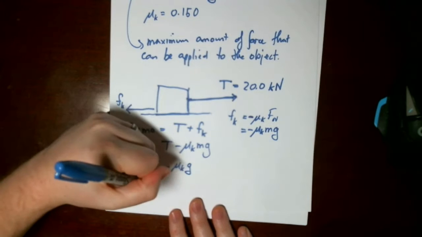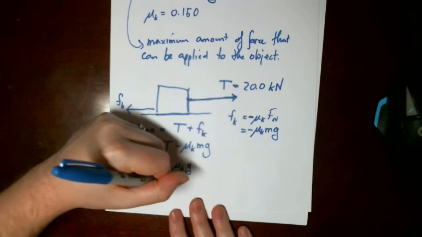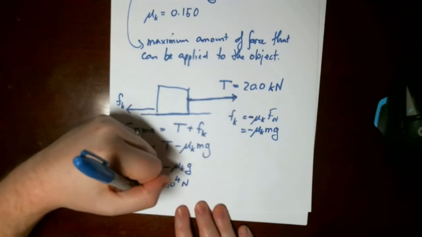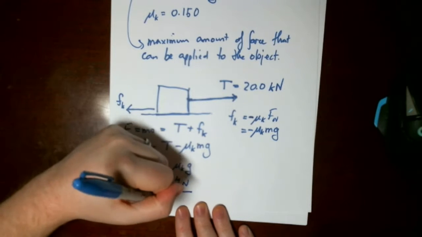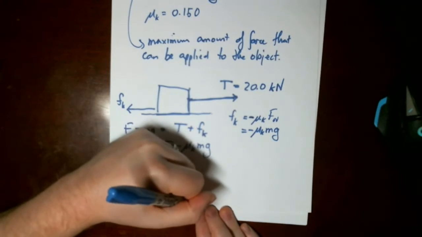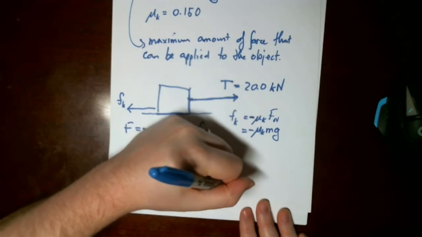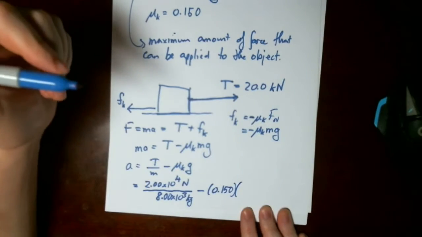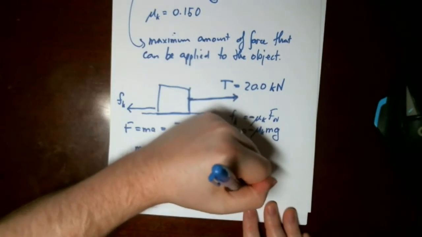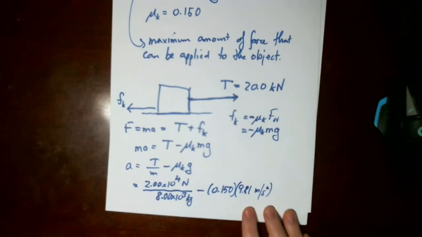So we know our tension is going to be 20,000 newtons. The mass of the thing is 8.00 times 10 to the third kilograms, so 8,000 kilograms. And then we have our coefficient of friction of 0.150 and the acceleration of gravity of 9.81 meters per second squared.